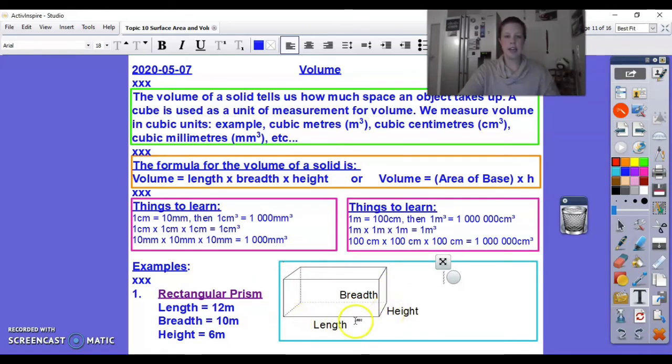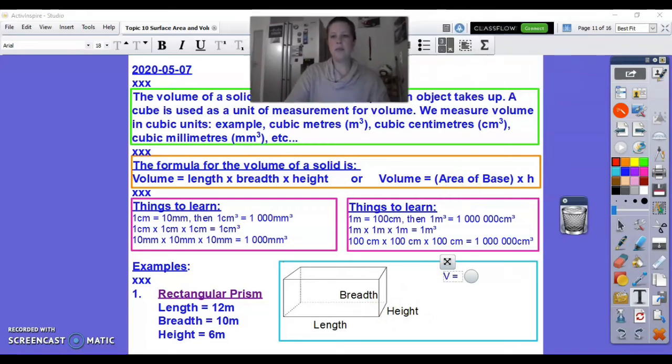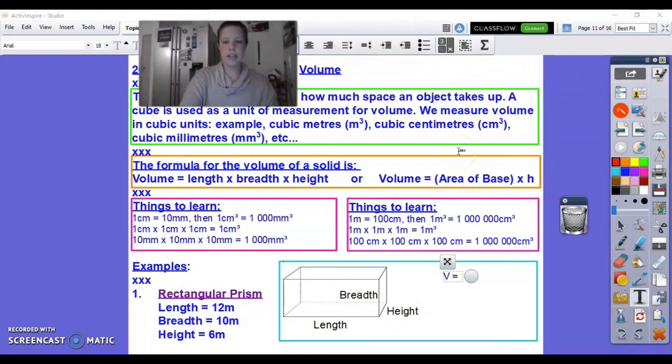So my length is here, my breadth is here, and this is my height, that line. Then I need to make sure I write my formula. Volume is equal to length times breadth times height.